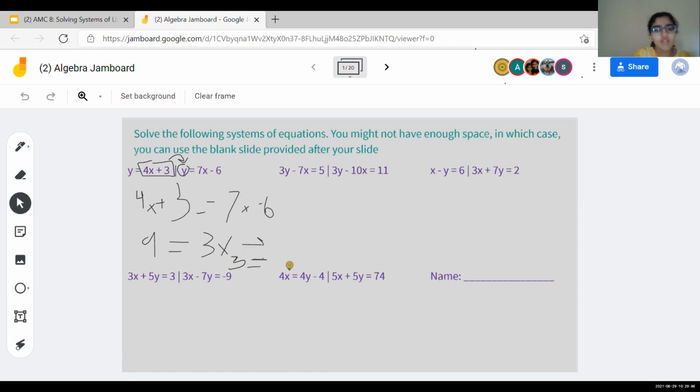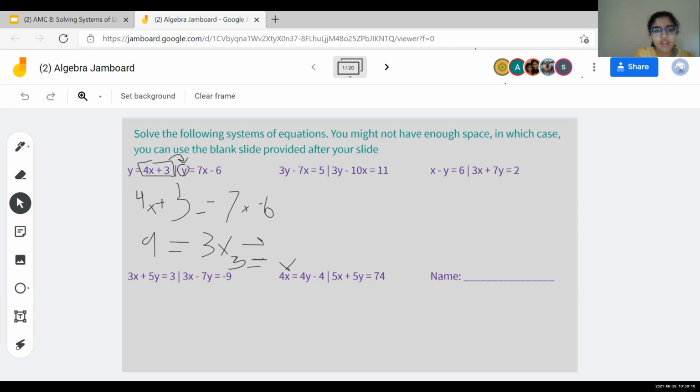And now we just have to solve for y, so that we are able to find the coordinate point. We can plug in 3 for either 4x plus 3 or 7x minus 6, but because this is the first equation, let's just plug it in for this. So we get 4 times 3 plus 3 is equal to y, and that is equal to 12 plus 3, which is equal to 15.